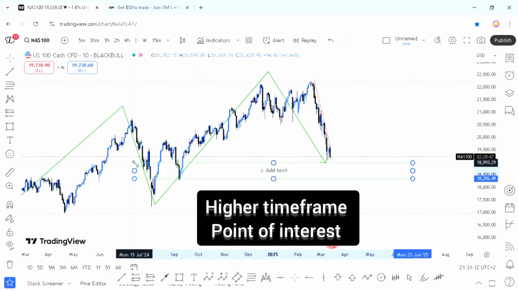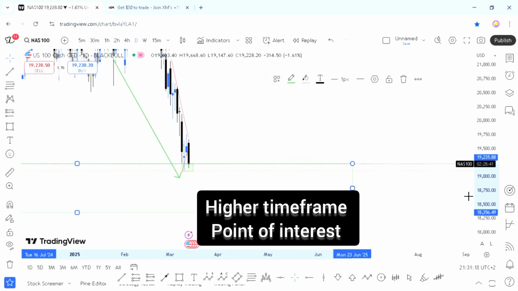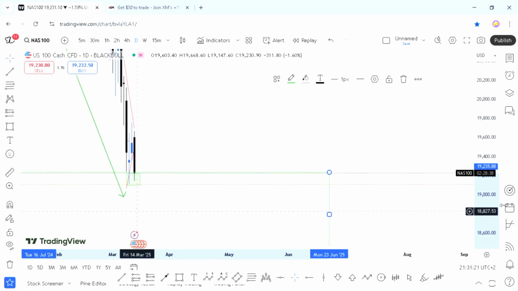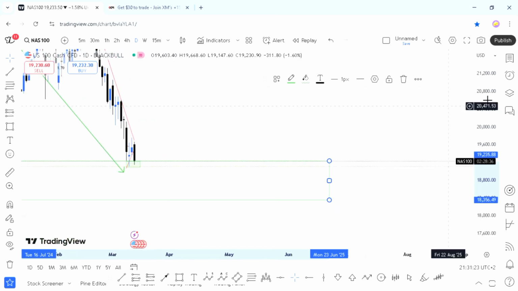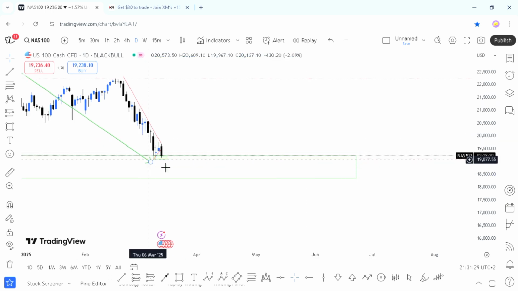That's how we see the bull candlestick appearing on our daily time frame. If I zoom in, we see that we're starting to have a morning star on our daily time frame because we are at the higher time frame point of interest, right?